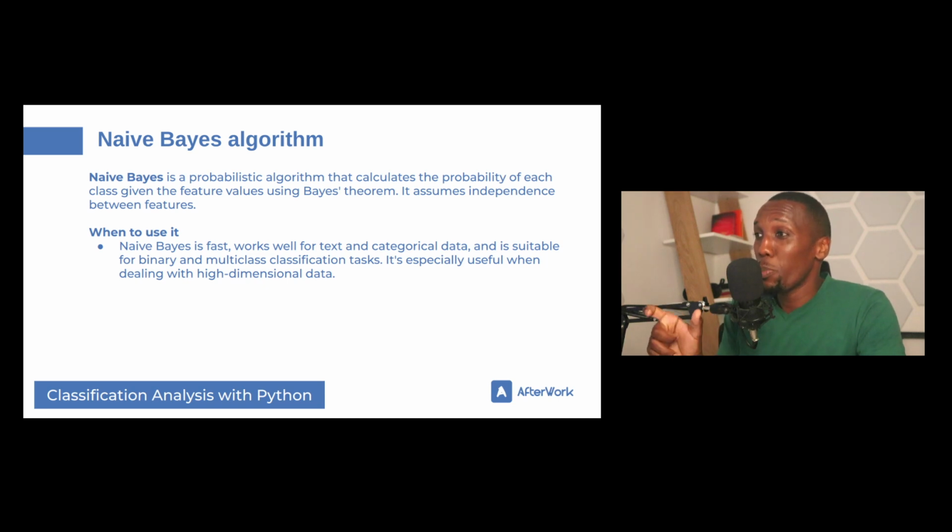It's what is called a probabilistic algorithm. So it uses probability concepts, and it calculates the probability of each class that you're looking at, given the input values, using the Bayes theorem. There's a whole lot of maths behind all of this, but the idea is that you get some probability of whether the new set of features will end up having one particular class or the other.